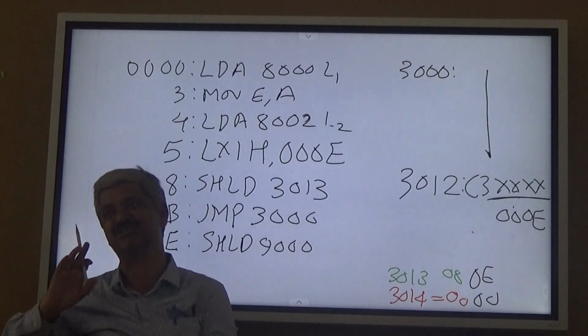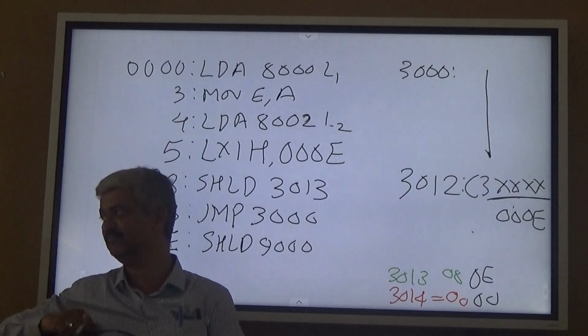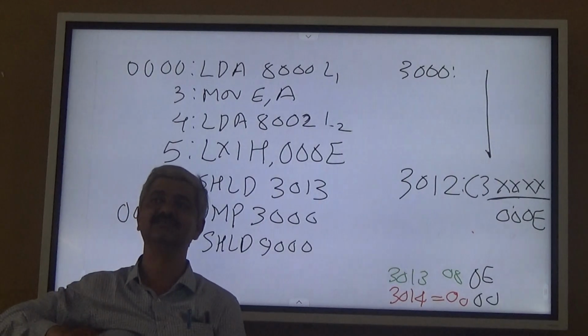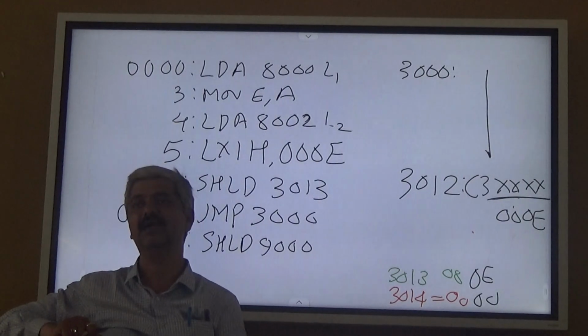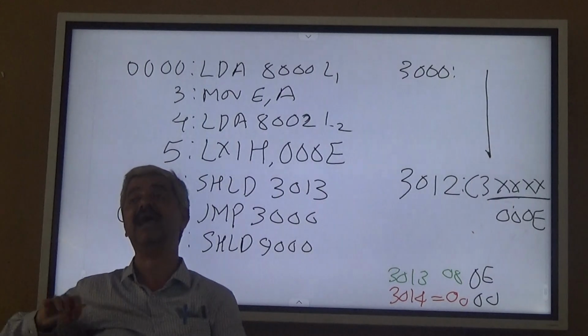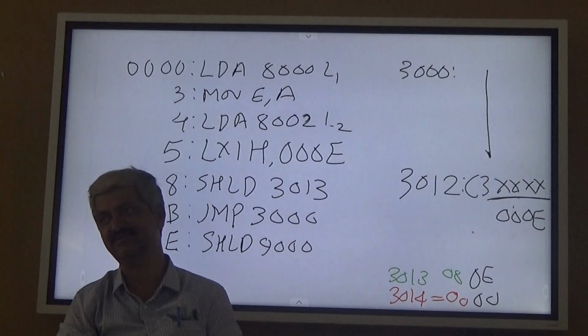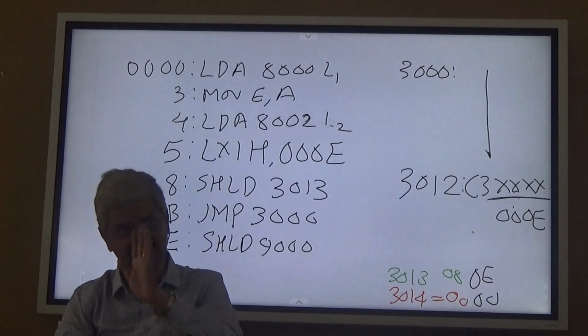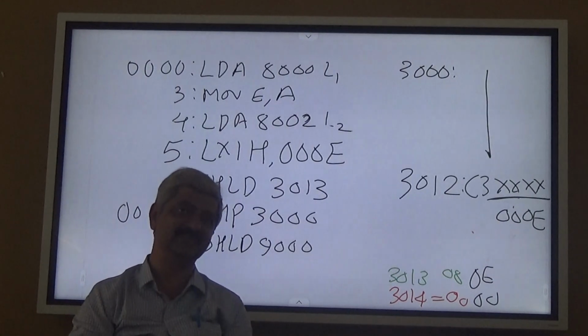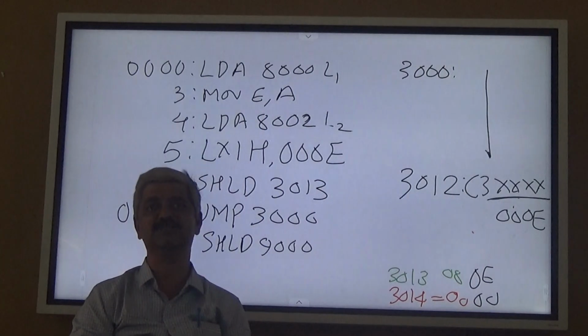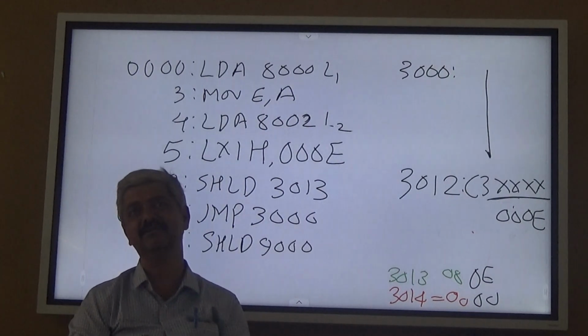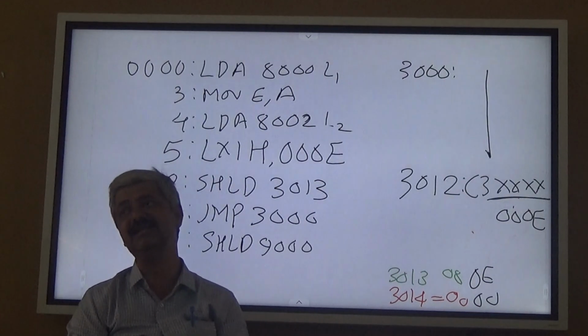So there must be some instruction which provides an indirect jump, an indirect branch.